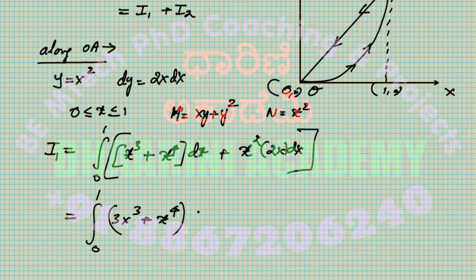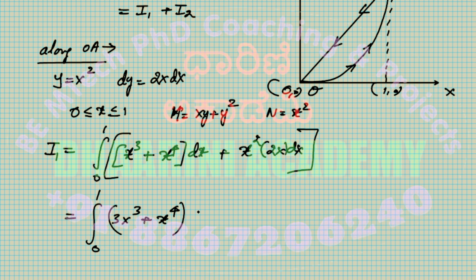So I need to substitute in the RHS. RHS is equal to a double integration over the region R of the function dou n by dou x minus dou m by dou y, dx dy. So this is equal to. Now you see in this particular case, again, I am considering the x as my fixed variable. It starts from 0, goes all the way till 1.